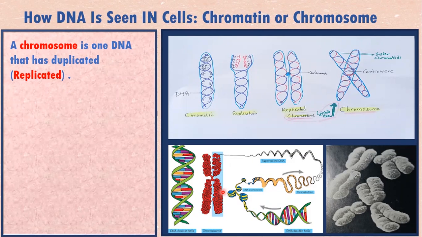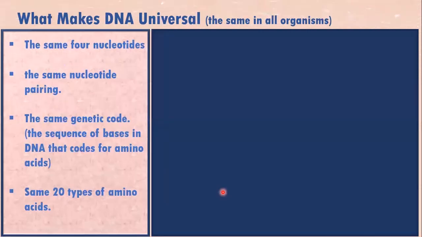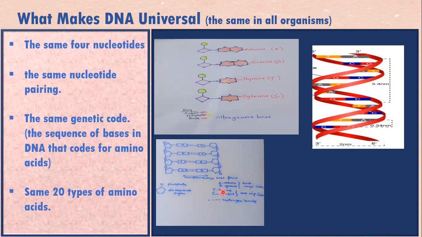Good. Now, we want to find out what makes DNA universal, the same in all organisms, and yet DNA is also different in different organisms. Look at it. DNA is universal in the sense that it's the same nucleotides that form DNA in all organisms.